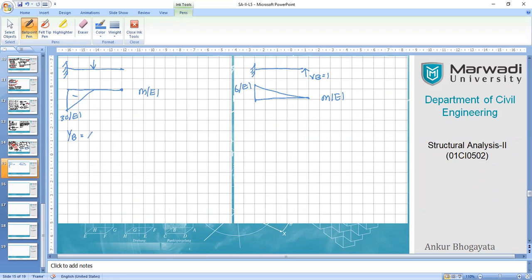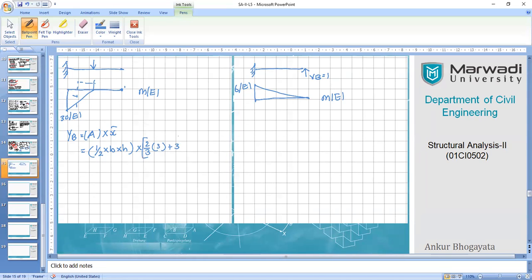So you know, area of the M by EI diagram into the CG distance. The area of this diagram will be equivalent to 1/2 BH, into the X distance. So it will be 2/3 of 3, and additionally you have 3 meters. So we'll be writing 2/3 of 3 plus 3.